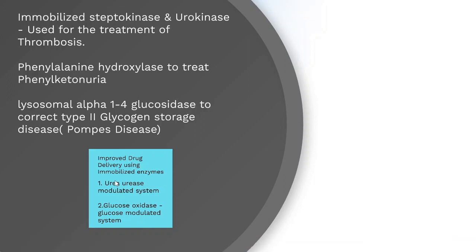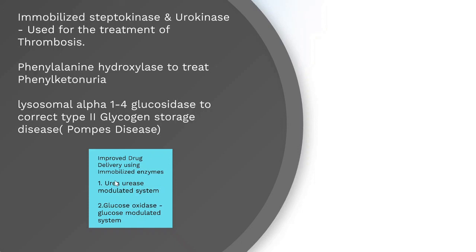And also we can use a glucose oxidase glucose modulated system for insulin delivery to the human body, a bioerodible polymeric system containing insulin. It has been developed, and the delivery of insulin can be modulated by the immobilized glucose oxidase enzyme.